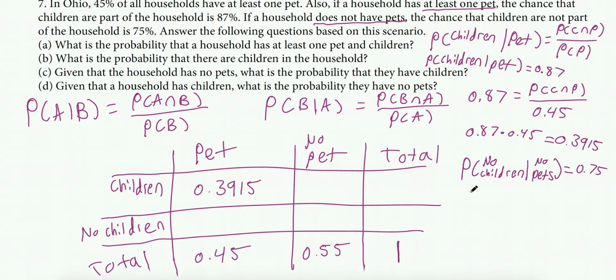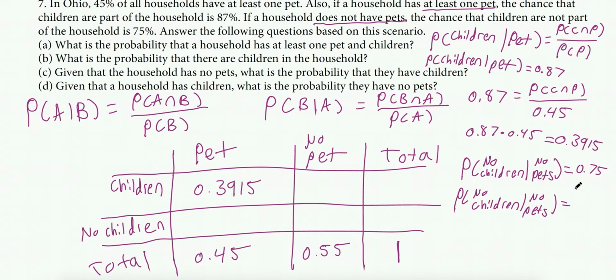And once again, we're going to use this part of the formula like we did up here. So the probability of no children, given that we have no pets, equals, I'm going to use C as children and P as pets again because I don't have enough room to write all that out. And if I did, it'd look really sloppy, and my handwriting is already sloppy.